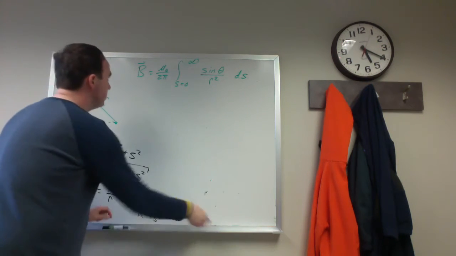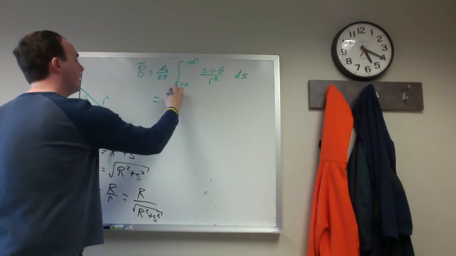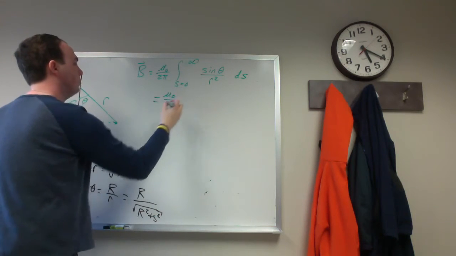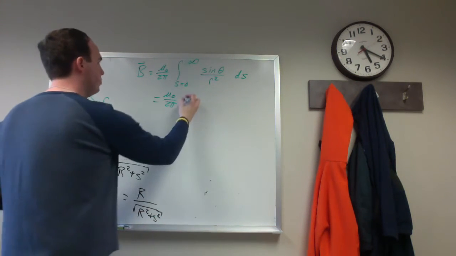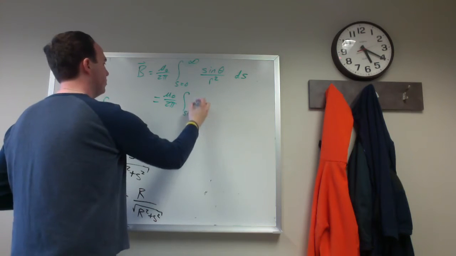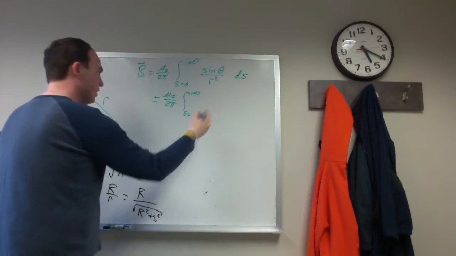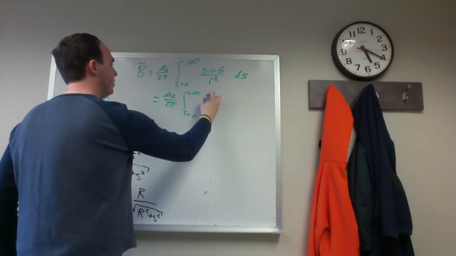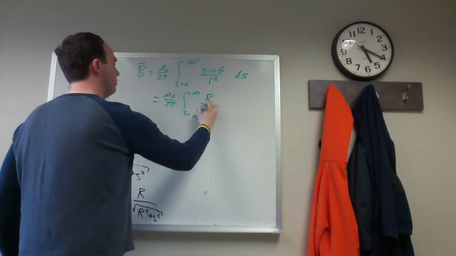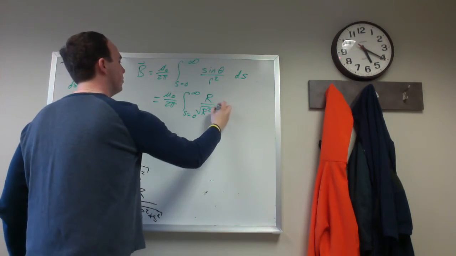Okay, so that means that we can take this integral, I'll copy the constant, mu naught over 2 pi, and we can write this as an integral from s equals 0 to infinity. So sine theta is big R over the square root of big R squared plus s squared.